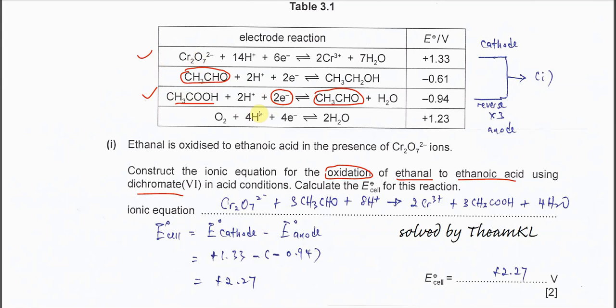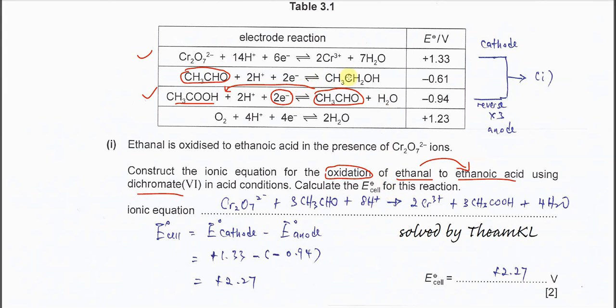And it's very clear that the question says ethanal to ethanoic acid, so you have no choice, you must choose ethanal to ethanoic acid, right? Because in this second electrode reaction, ethanal actually comes from this ethanol, right? Okay, so now this is the reaction.